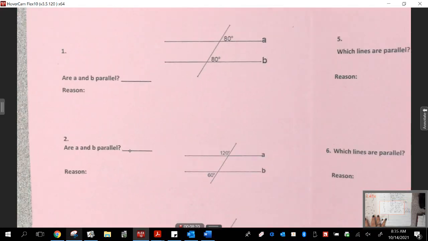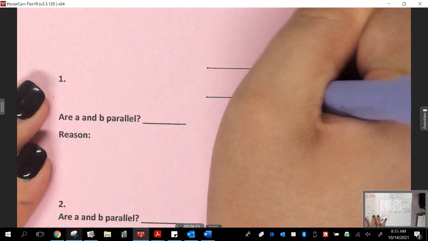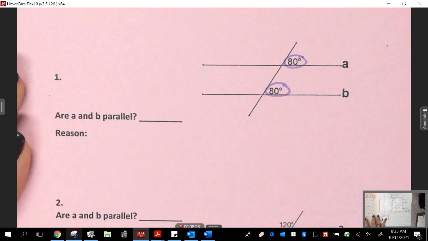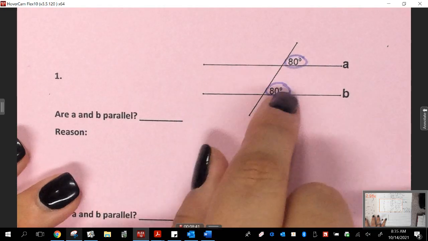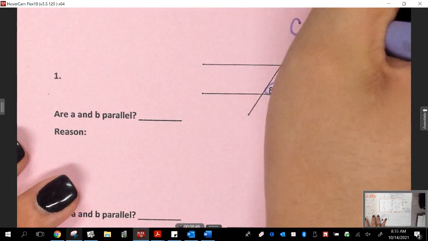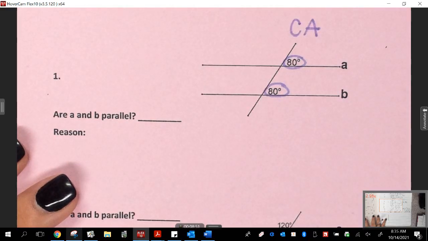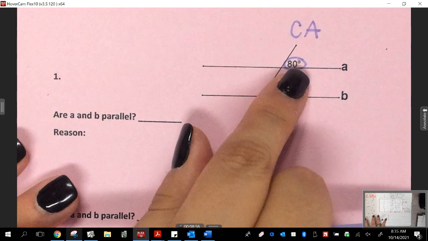Okay. Number one. We have 80 and 80. What are these? Vocabulary word. Think about it. It's been 2 days. They're the same, but what vocabulary? They are CA.